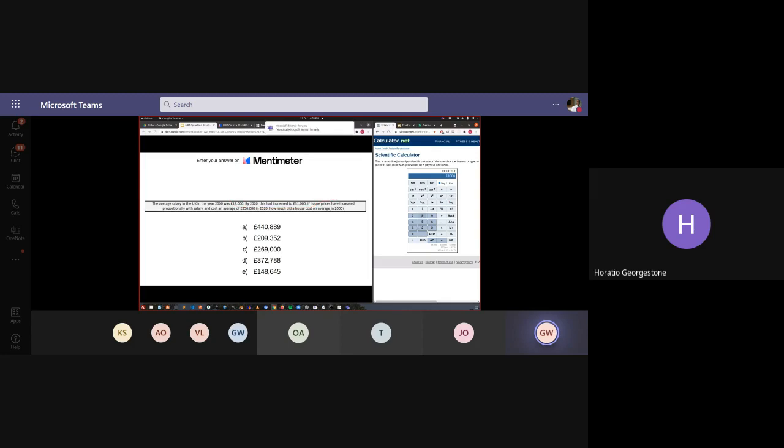So 13,000 divided by 18,000 gives us 72.2%, or if we times it by 100, it will actually express it as a percentage.